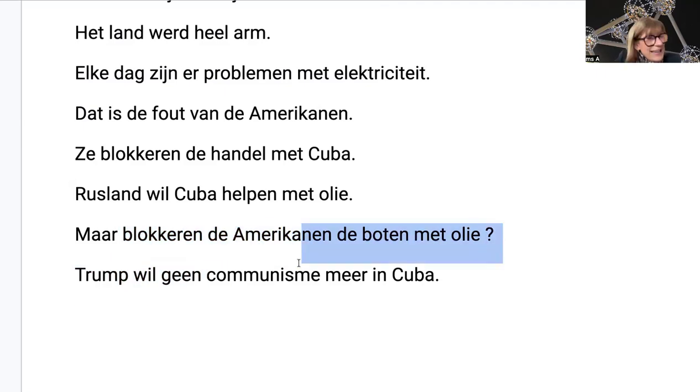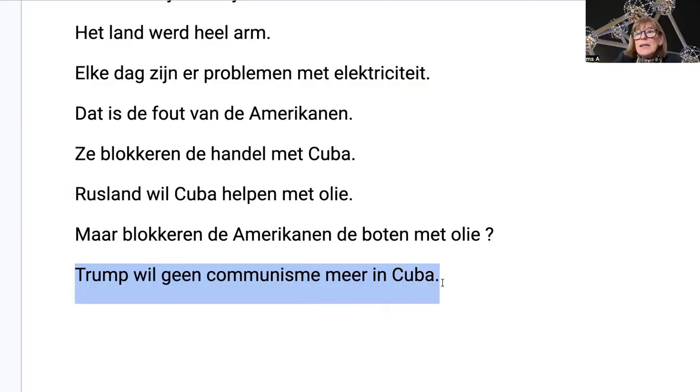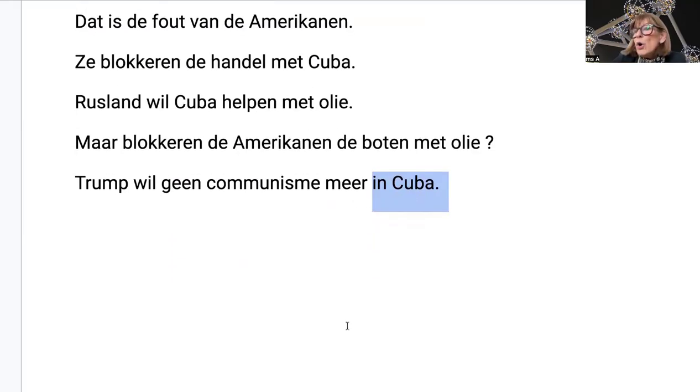Trump wil geen communisme meer in Cuba. Trump doesn't want any more communism, and the anymore is in geen meer. So he doesn't want any more communism in Cuba. So are the Americans blocking the boats?